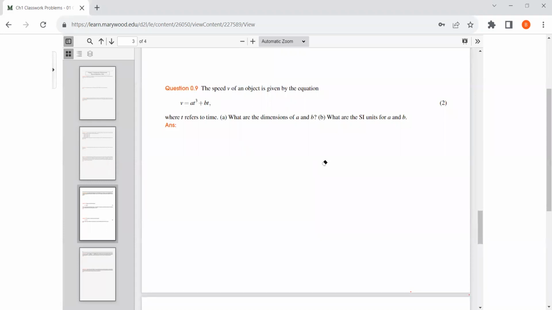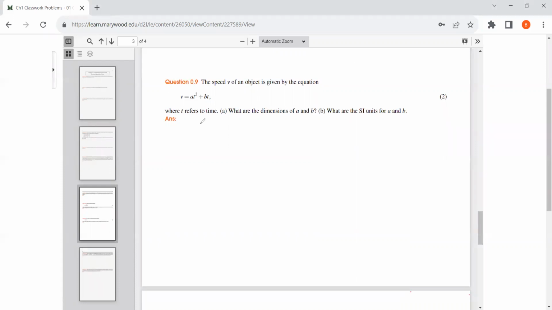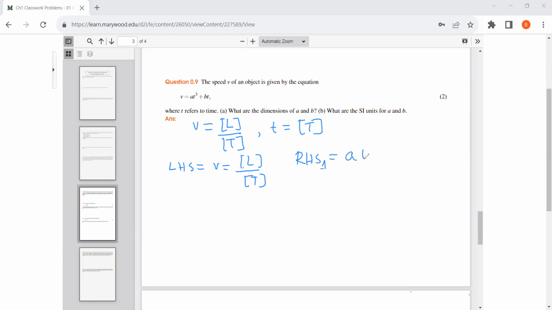So we can represent the dimensions of A and B in terms of the known quantities, which here are V and T. Similar to the last problem, the dimension of V is L over T, and the dimension of T is just T. The left hand side is V, so its dimension is L over T. Right hand side, first term, A T cube.